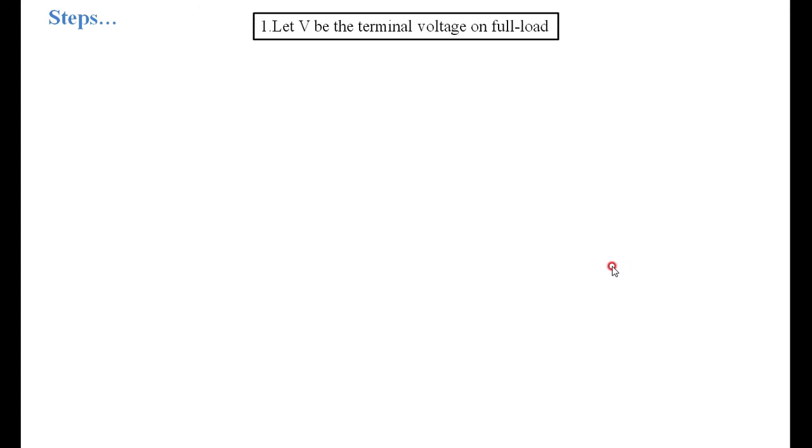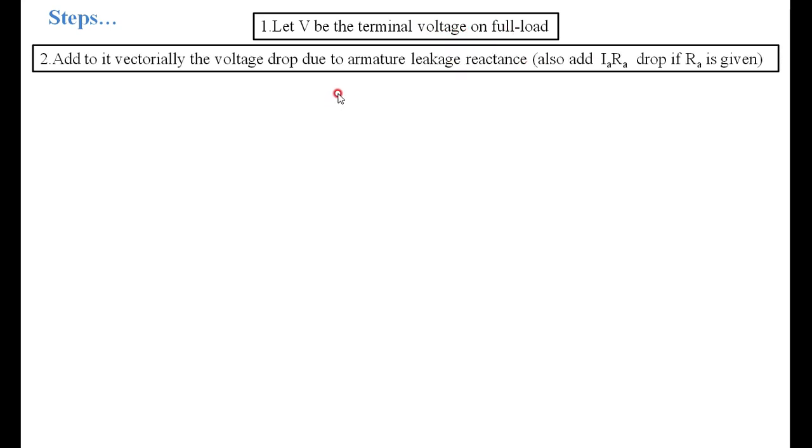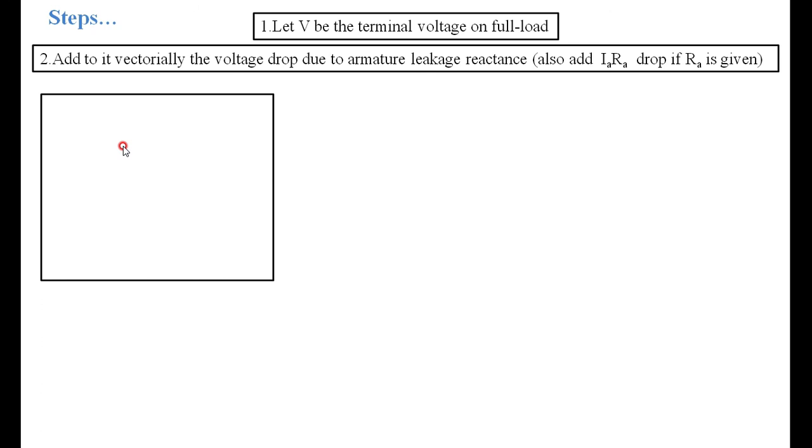Then the steps that follow are very simple. We know VB, the terminal voltage on full load. Then you have to add vectorially the voltage drop due to the armature leakage reactance, and also the IRA drop. To V, I have to add IXL as well as IRA if RA is given.